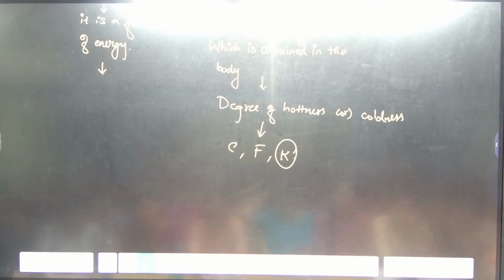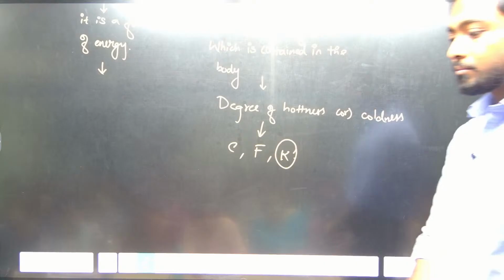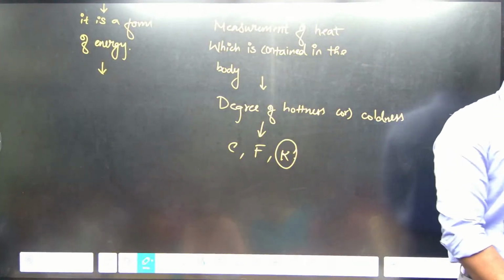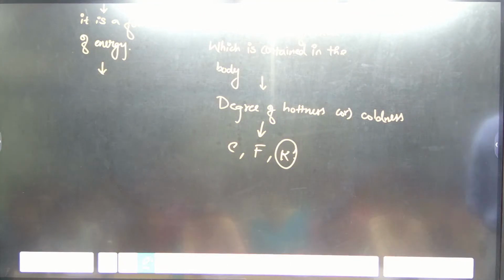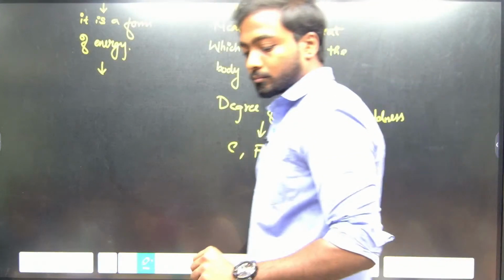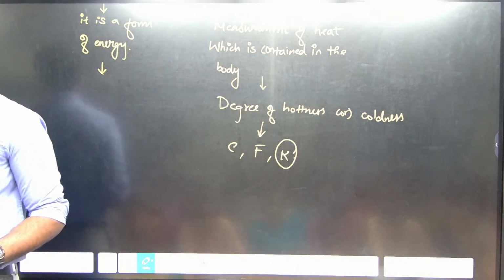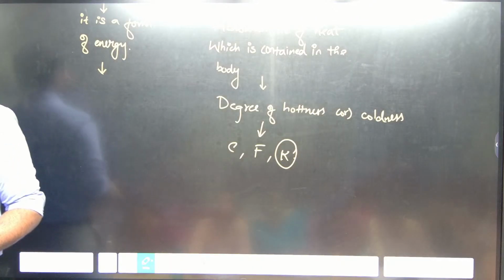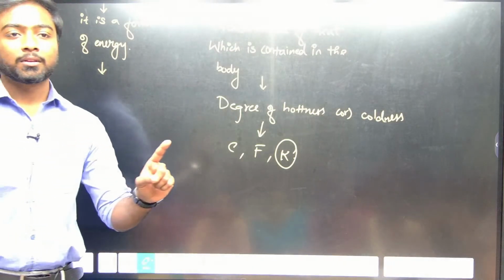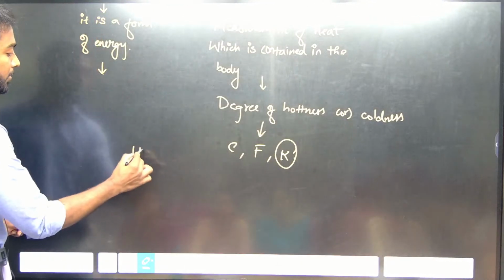Next point, for every scale of temperature there are two common points. The first one is the upper fixed point.